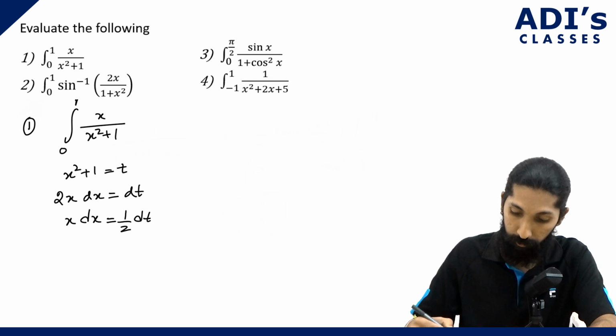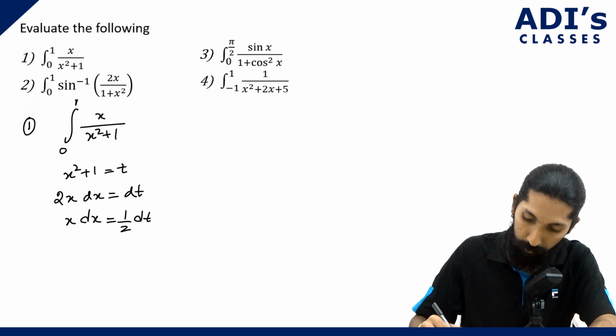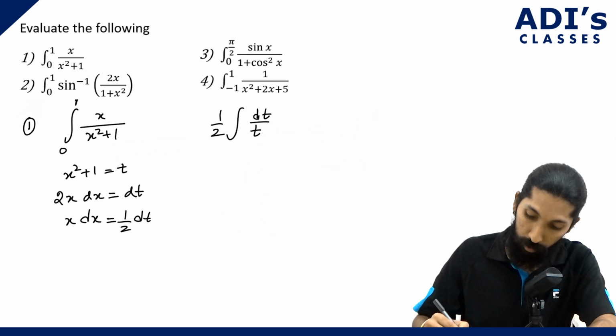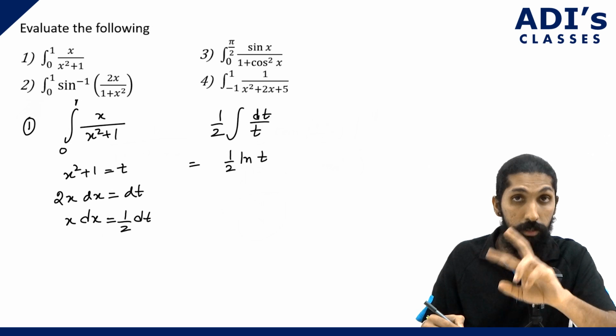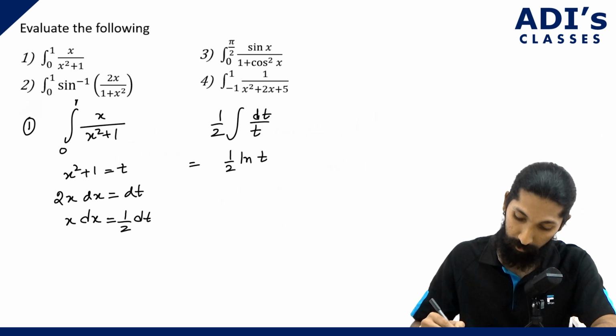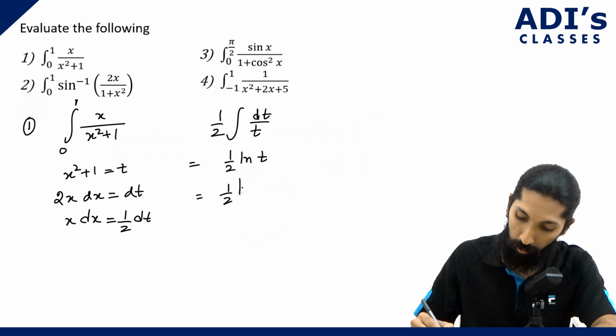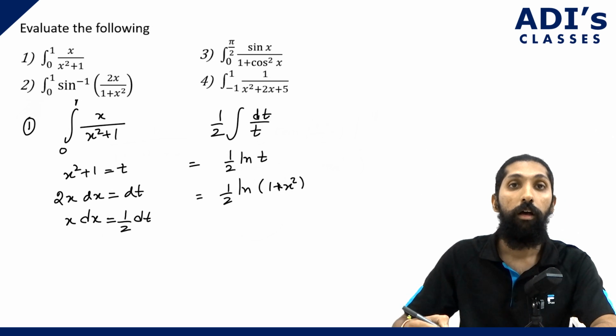Substitute this. That means integral of half dt divided by t, which gives us half log t. Substitute t back. This gives us half log of 1 plus x square, right?